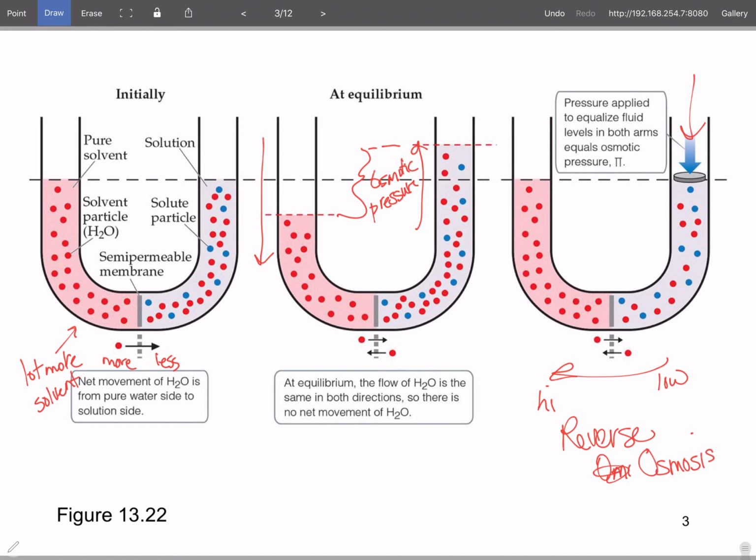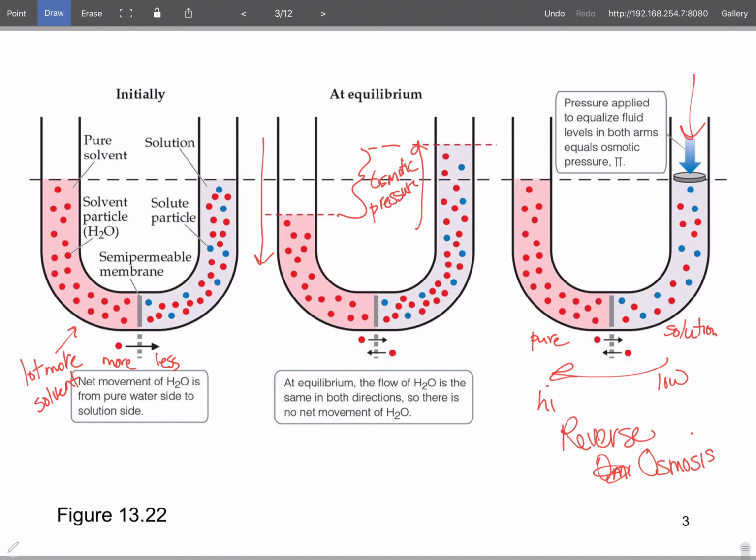Okay, so the trick is that if you look at this from a solvent viewpoint, then this would be the pure and this would be the solution. So the solution is automatically going to have less solvent particles in it because it has more solute particles.